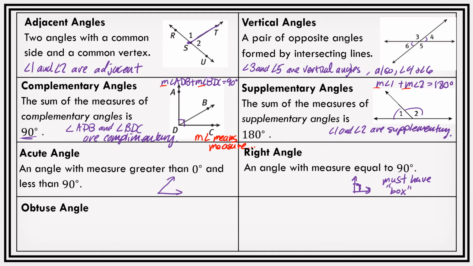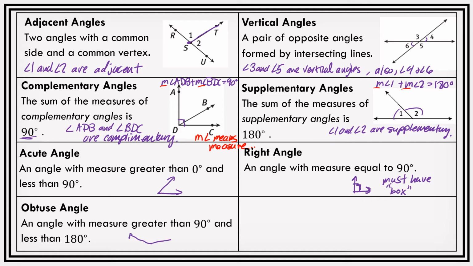Okay, next, obtuse angle. Instead of being less than 90 degrees, we're greater than 90 degrees. An obtuse angle has a measure greater than 90 and less than 180, so it's between 90 and 180. Generally, it looks something like this, right? All right, and then lastly, we have a straight angle. A straight angle is an angle with measure equal to 180 degrees.